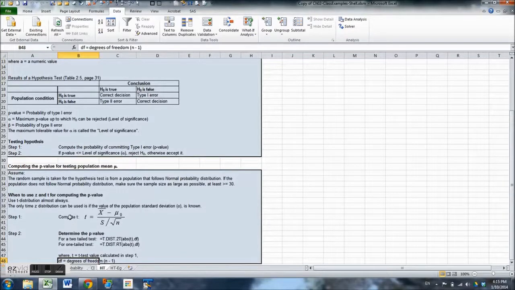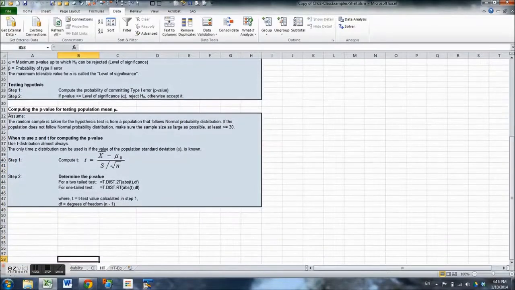Now, how do we compute the p-value? To compute the p-value, we first need to compute the t-statistic. The t-statistic is given by this formula. Once we have computed the t-statistic, then using the t-statistic, we can calculate the p-value using one of these two functions.